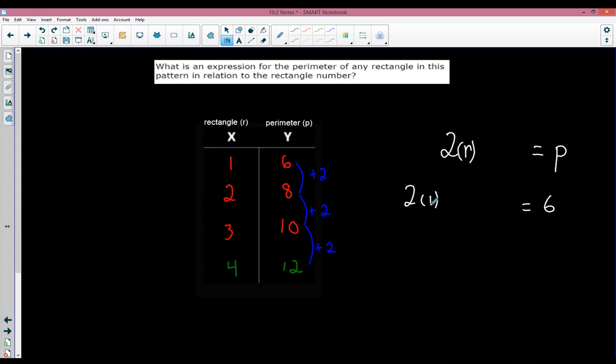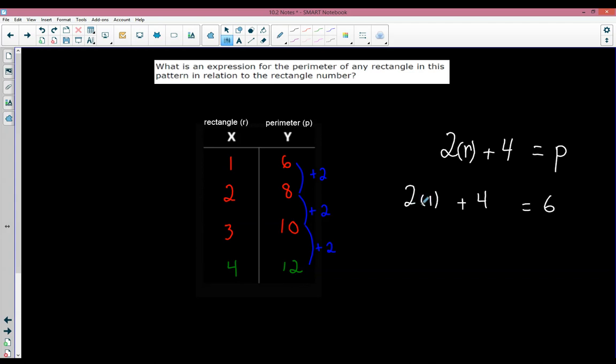How did I get from 2 times 1 to 6? Well, I could add 4. 2 times 1 is 2, add 4 is 6. So we predict that our expression is 2 times the rectangle number, add 4 equals our output, the number of toothpicks, or perimeter.